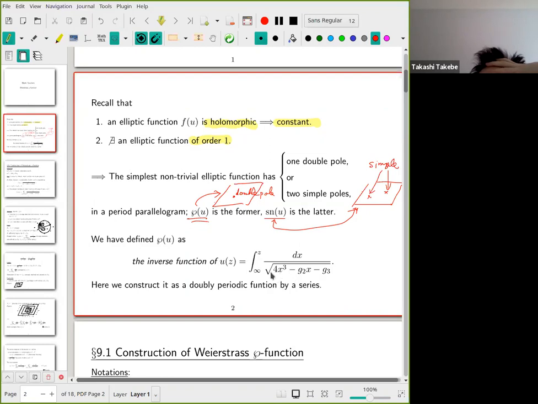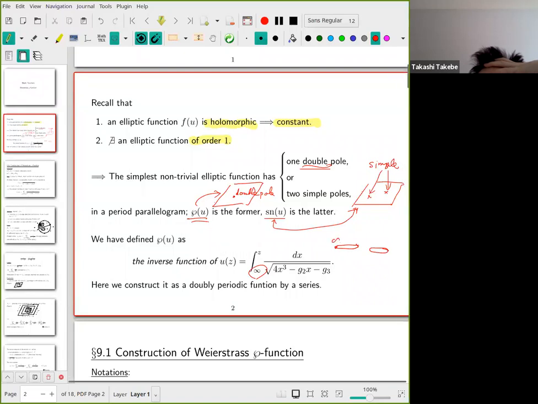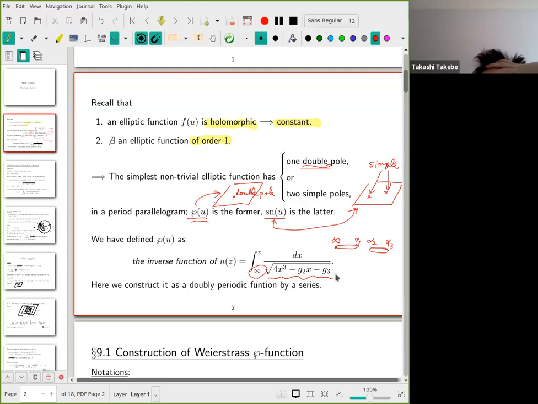So actually, this double pole corresponds to the fact that infinity is a branch point of this Riemann surface.